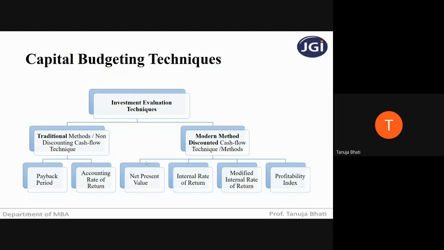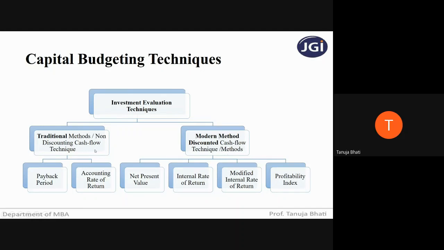When I say inflows, it means the profit coming into the business, that is the income coming into the business. And when I say cash outflow, it is nothing but your expenditure. So capital budgeting techniques help an organization select particular investments based on the cash inflow and the cash outflow. There are two techniques: the traditional method, which is also called the non-discounting cash flow technique, and the modern method, which is also called the discounted cash flow technique.